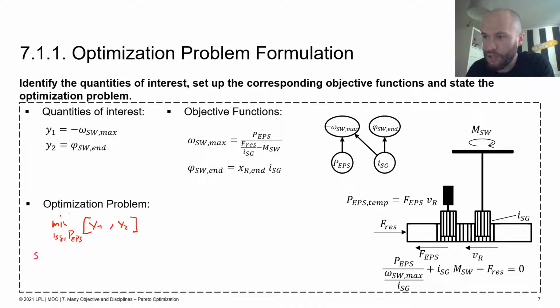And subject to, what we have so far is only upper and lower bounds on both design variables. So we have a lower bound on the gear ratio, which is 17 rad per meter. Just a second.